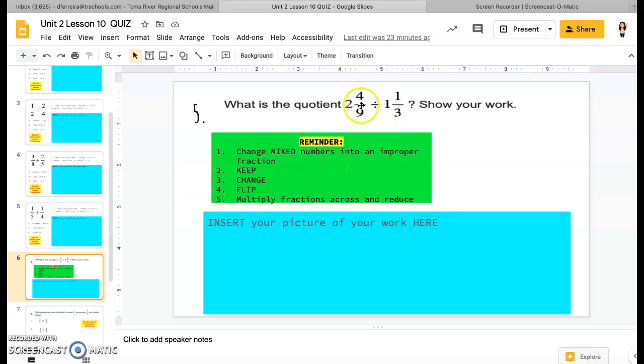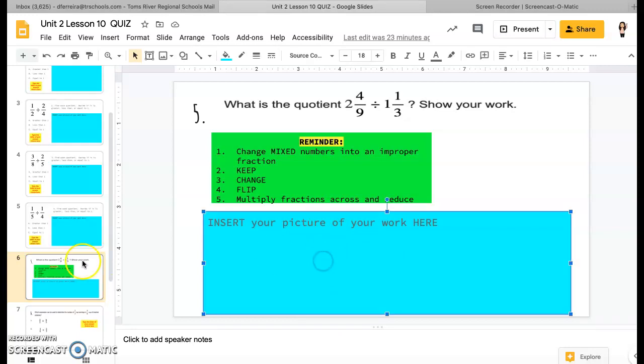Keep the first improper fraction. Change the sign from division to multiplication, and then you're going to flip this improper fraction. Then you will multiply your fractions across and reduce. Once you have solved, you're going to insert a picture of your work in the blue box here.